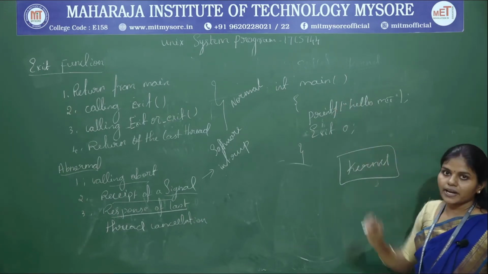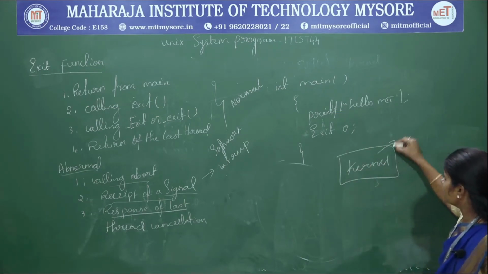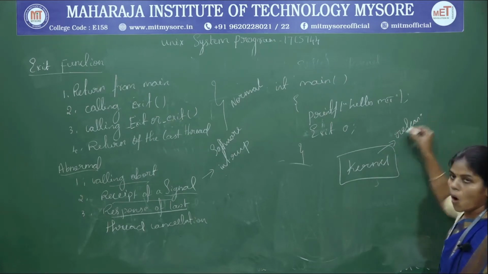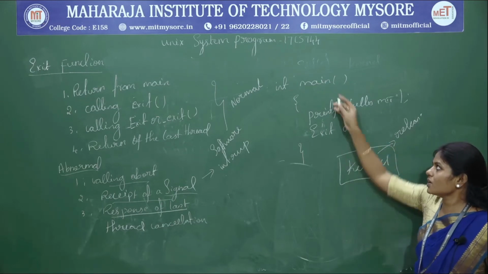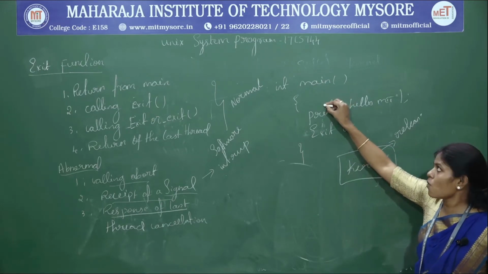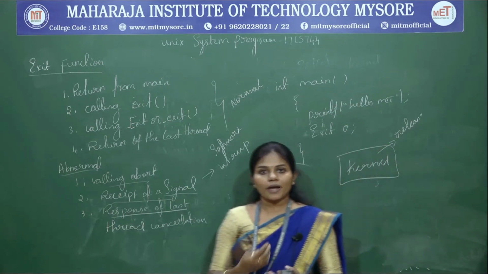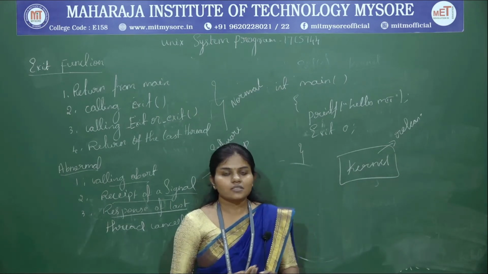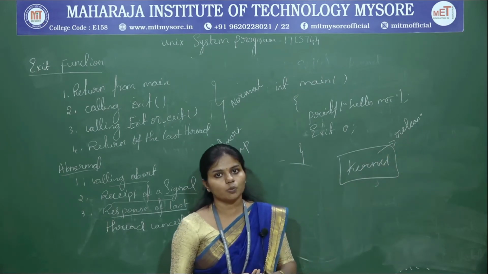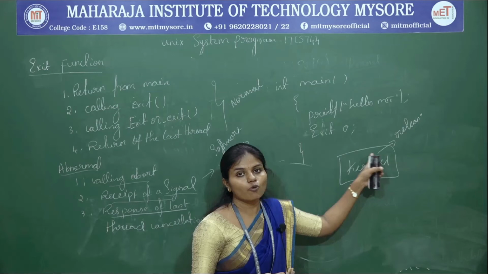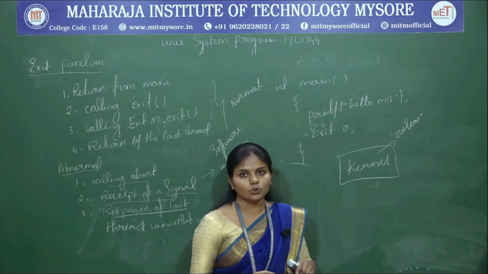Once it terminates this main program, the kernel is going to release all the resources which are occupied. The process created for the execution of this program occupies some resources, right? At the end, the kernel releases all those resources and makes room for another program to execute. This is what the kernel does.